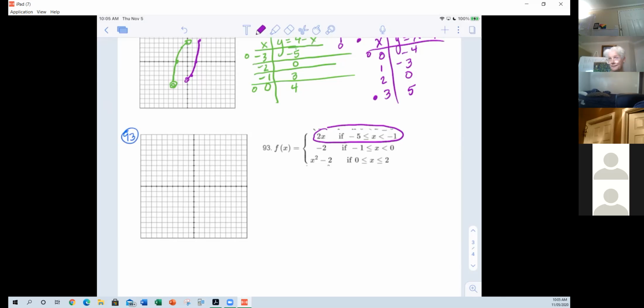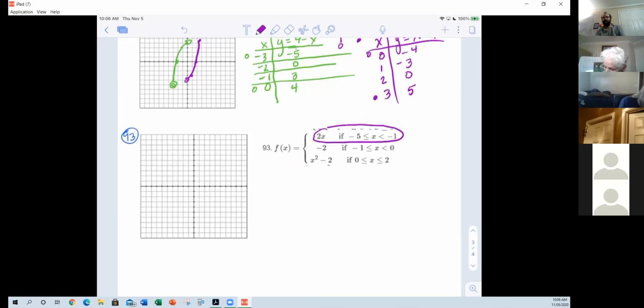Your choices are a line, a parabola, square root function, absolute value function, piece, whatever. So y equals 2x, what shape would that be? A line, right. Is it going to be a line that's pointing upward or downward? Upward, right, because it's positive.